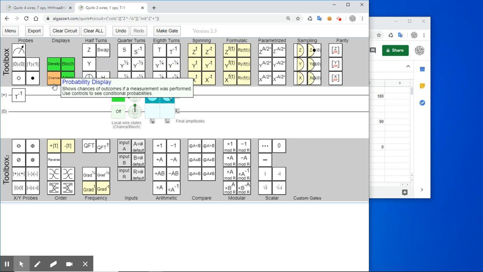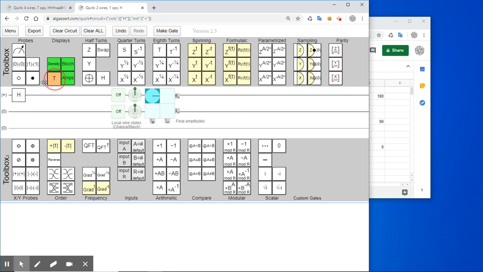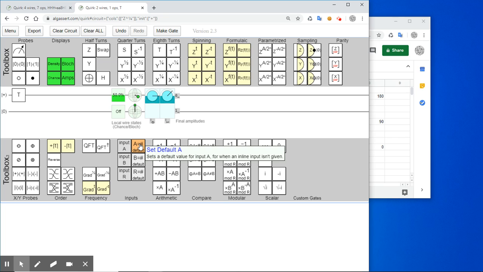But it's not 45 degrees. Because if I do this, then you got 50%. Exactly. So I thought a T-gate would give you, what? So that's not, I'm lost right now. Okay, so I'm a bit confused right now.